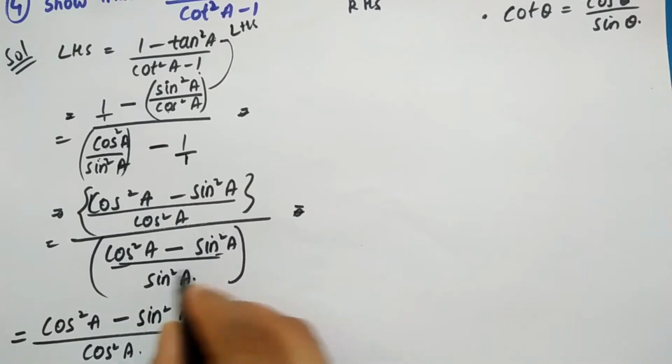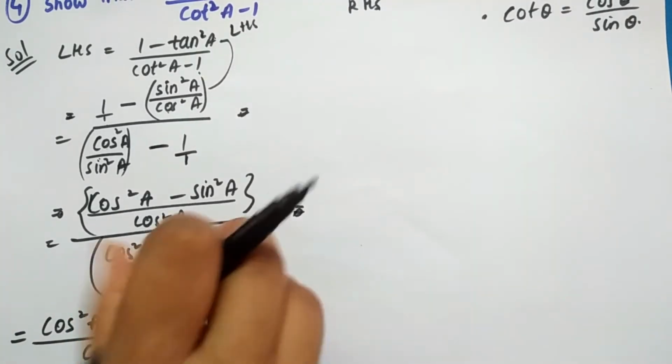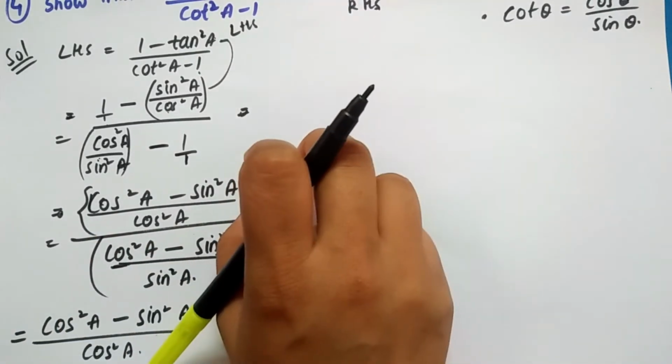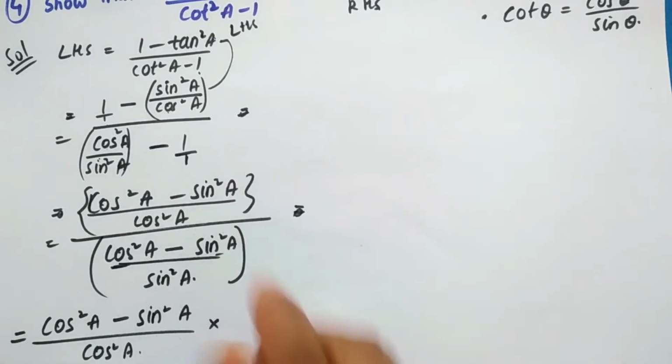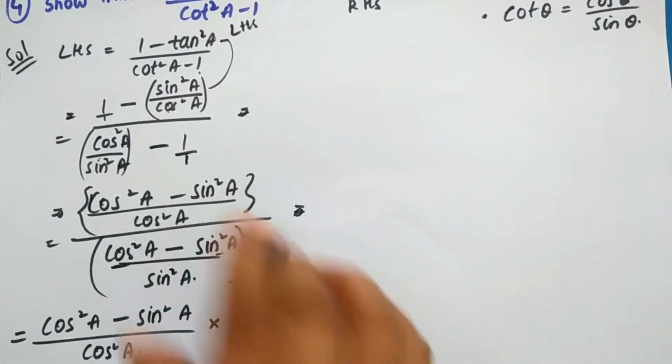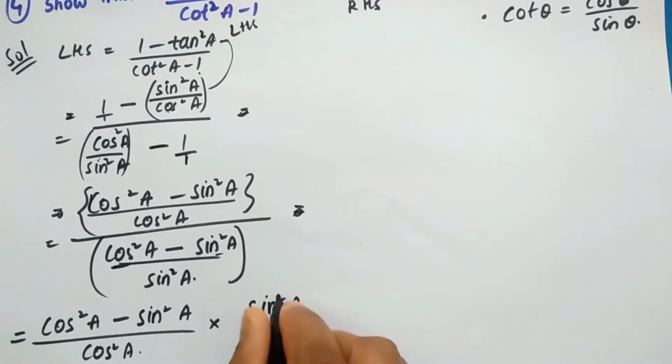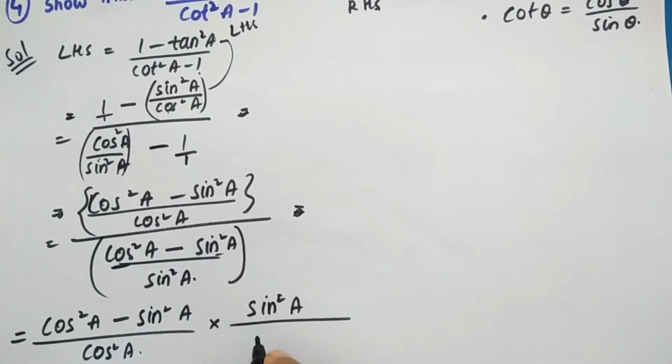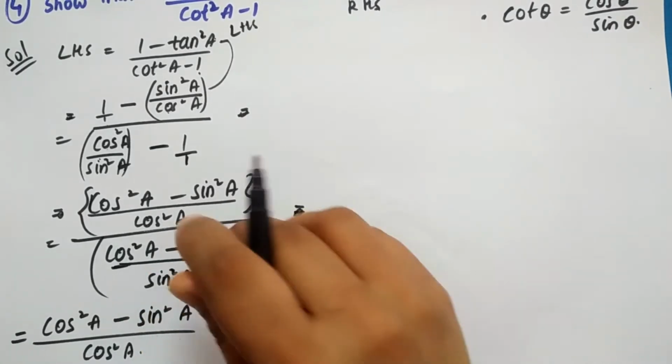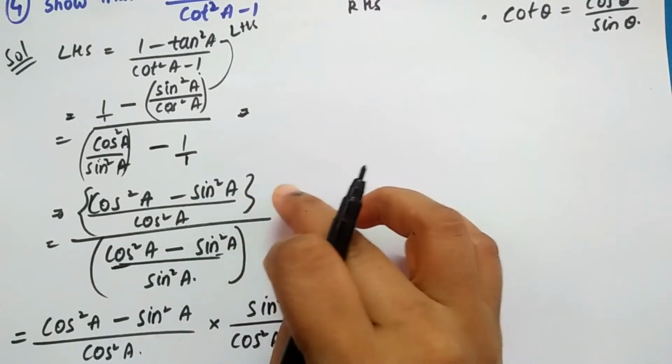Right, now what are we doing? We are getting this denominator to the numerator, so it gets inversed. It's sine square a divided by cos square a minus sine square a, since it gets inversed when we go to multiplication. We are just inversing this thing. We are doing nothing else.